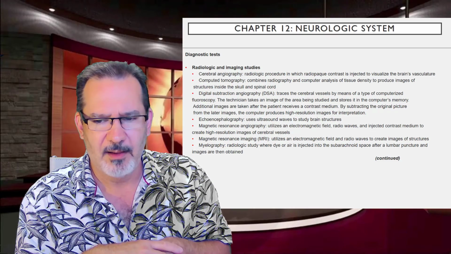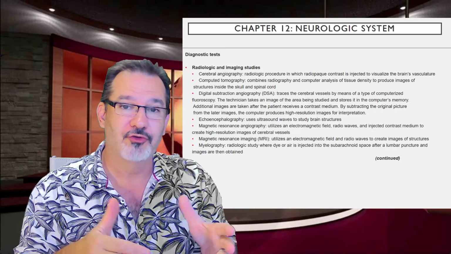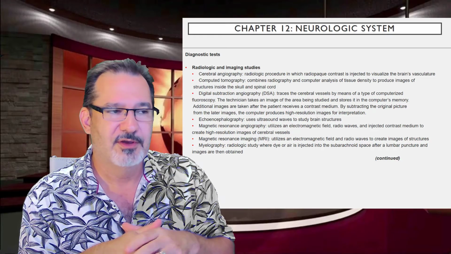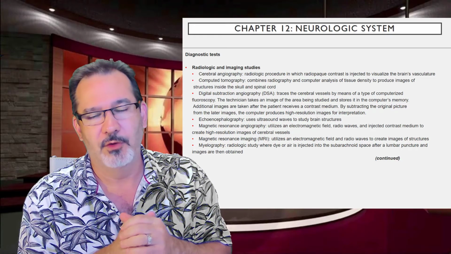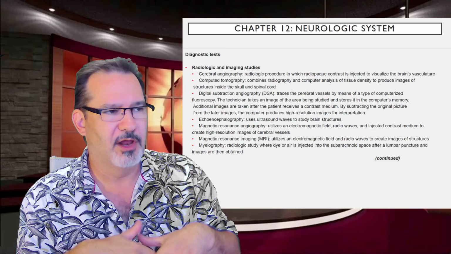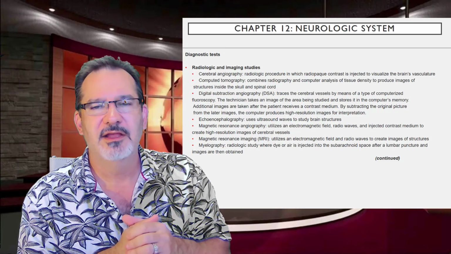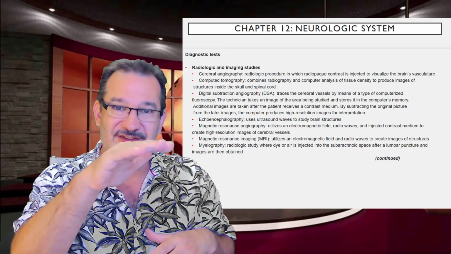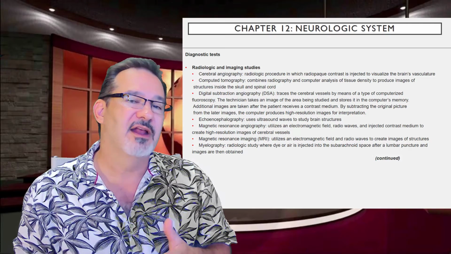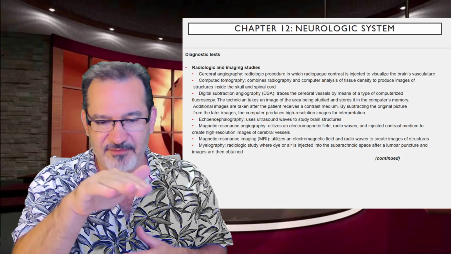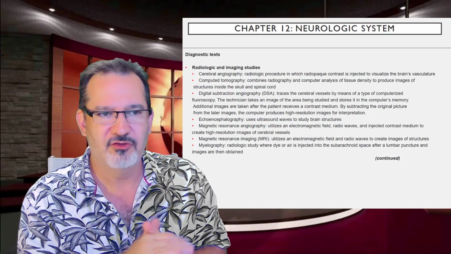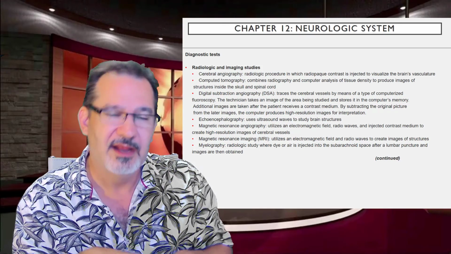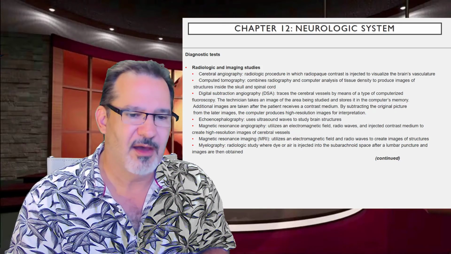MRIs create images of structures. CT scans and MRIs are really useful for neurological issues in the brain in particular because we can get slices of imaging, especially on a CT scan, where we can see many different layers going toward whatever structure we're looking at, and we can visualize damage that way.